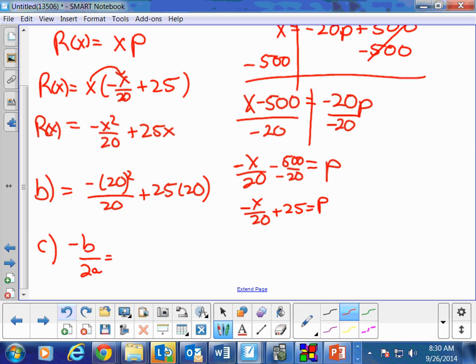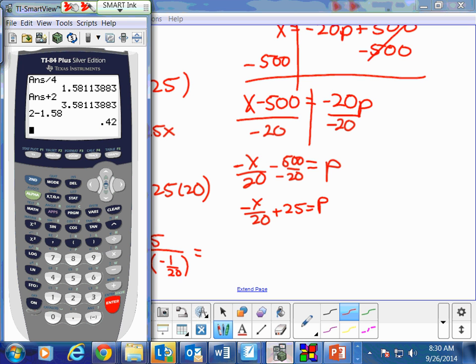In this case, my negative b is going to be 25, all over 2 times a, which is negative 1 over 20. And this should produce a numerical answer. Let's go ahead and see what that is.